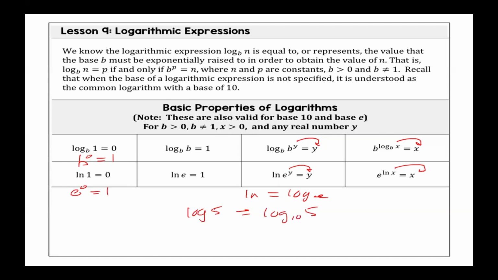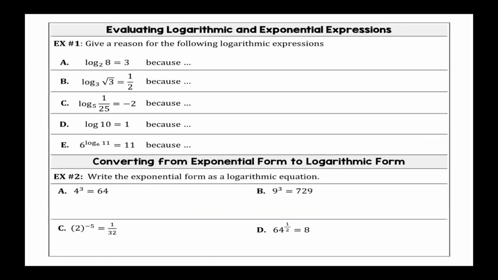Log base 10 is called our common log. So when there isn't a base, it is a 10. This is what happens when you're pressing on your phone or on Desmos. You just type log without putting a base, and that's going to be base 10. Got it? All right. Let's keep going.